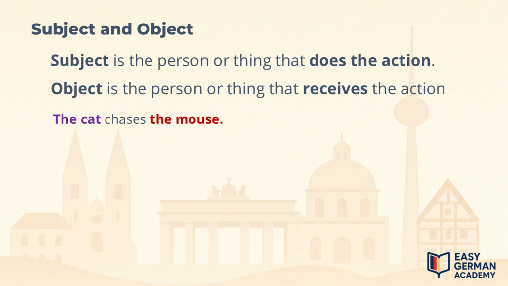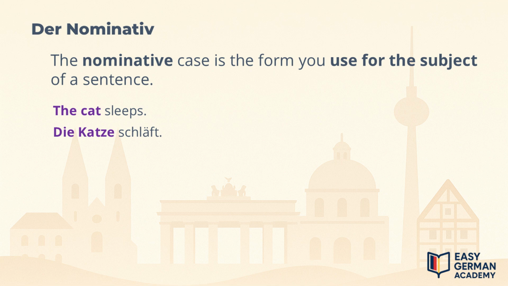So now that you understand what a subject is, let's talk about the nominative case, or in German, der Nominativ. The nominative case is the form you use for the subject of a sentence. If you're saying, the cat sleeps, then the cat is in the nominative case, because she's doing the sleeping. Same in German. Die Katze schläft. Die Katze is the subject, so it's in the nominative. The good news?